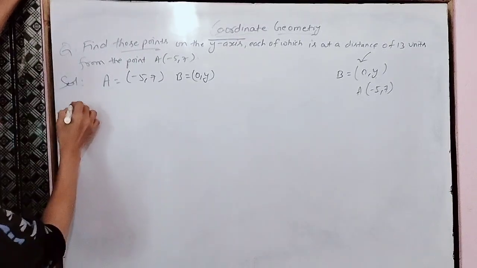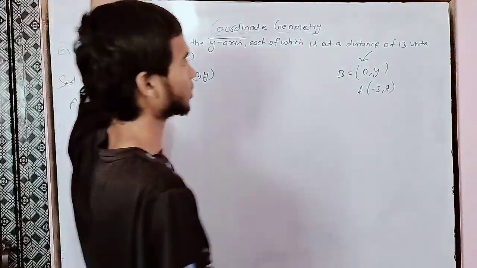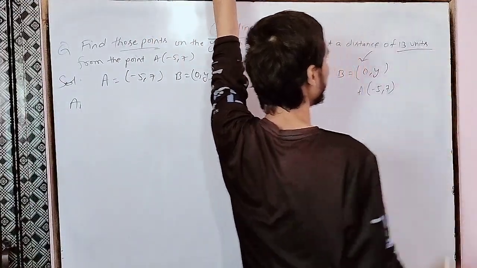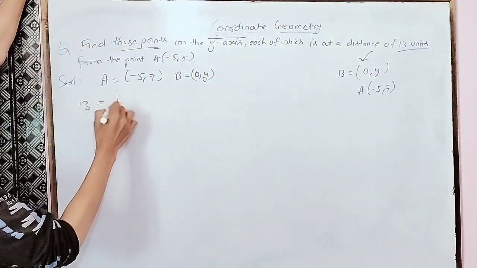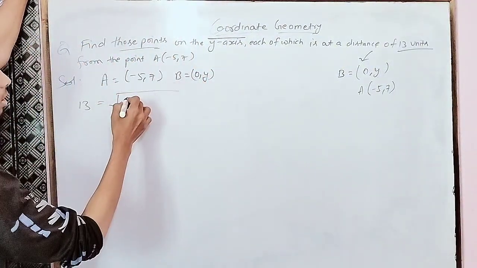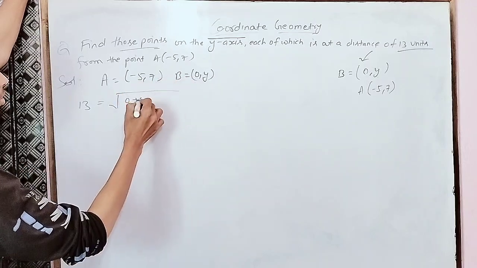So can we write A is minus 5, 7 and B is 0, y. AB. So what is it saying? Here you can also see that we have given distance which is 13 units. So 13 and y, and this is x1, x2.